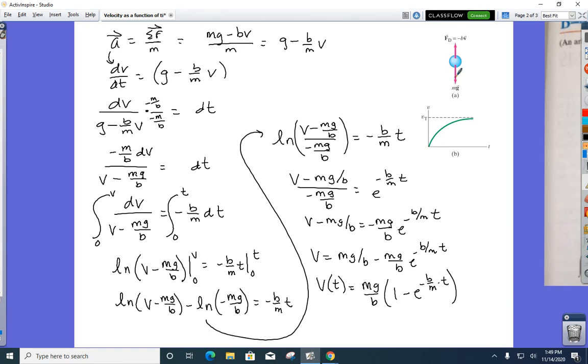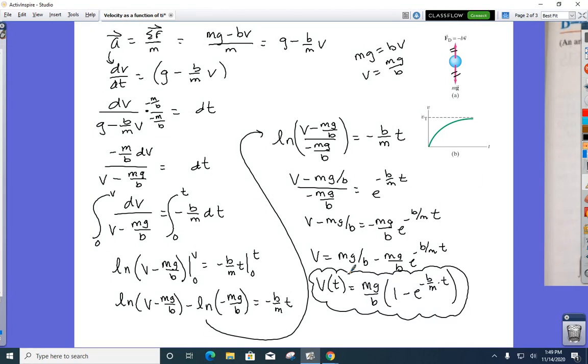Terminal velocity, when these two are equal to each other, then the velocity would be mg over b, and that's exactly what this equation is showing. So I like it. That's the velocity as a function of time for an object experiencing a drag force that is proportional to the velocity.